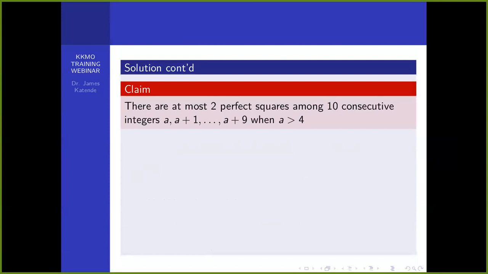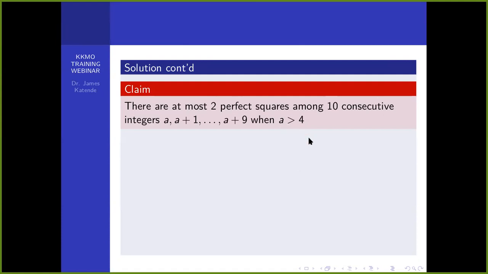So we make a claim that there are at most 2 perfect squares among 10 consecutive integers whenever A is greater than 4. Isn't it at most 4? We are changing. There are some conditions we have added here: when A is greater than 4. I see.